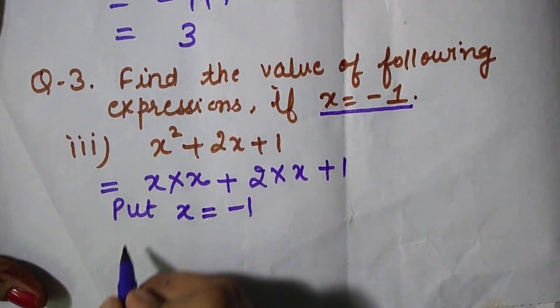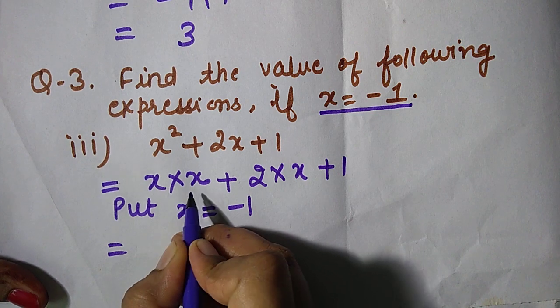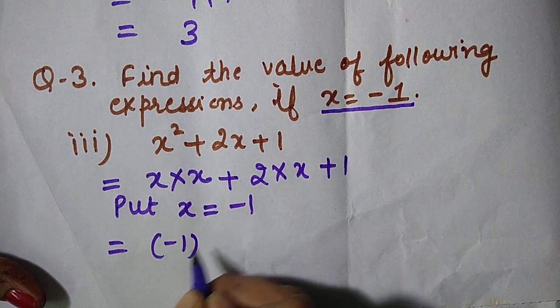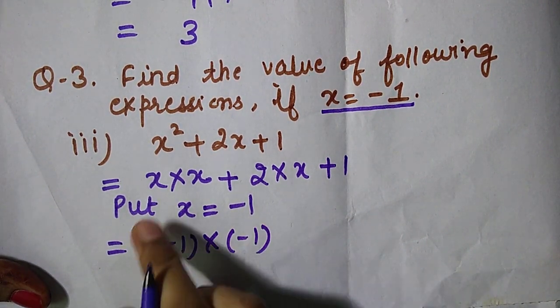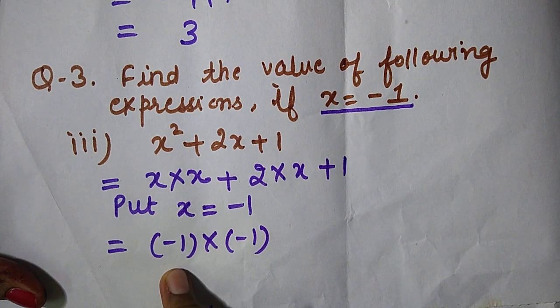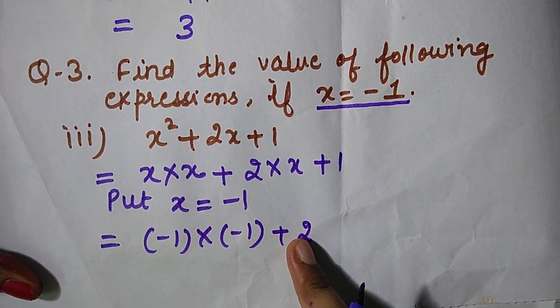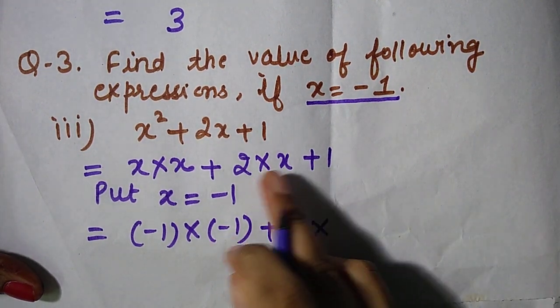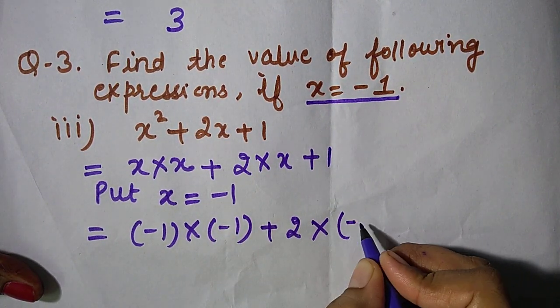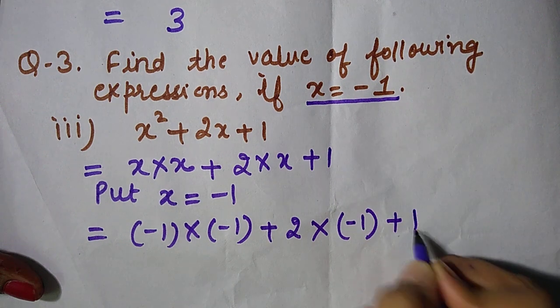So x into x means minus 1 into minus 1, because I am replacing x by minus 1. Plus 2 is given in the question, so it will remain the same, into, again it is x, so x will be written as minus 1, plus 1.